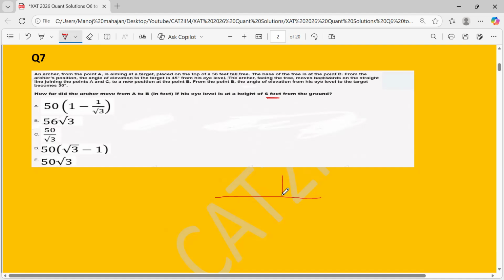I'm assuming the archer to be at point A and the eye level is 6 feet out here. He is aiming at a target placed on the top of a 56 feet tall tree, right? The base of the tree is at point C. So let's say this is C, this is 56. They're saying the angle of elevation to the target is what?